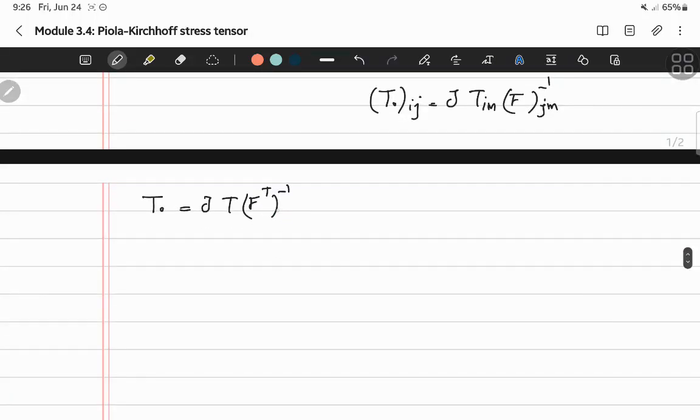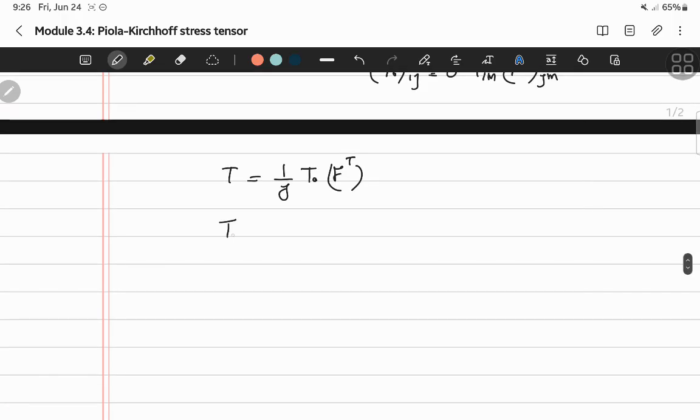So first I need to write this as F transpose. Then I also write this as F transpose. So this becomes I, and then 1 divided by J. So I can write T as 1 divided by J T0 F transpose. Or Tij is equal to 1 divided by J T0 im F transpose mj, and since this is transpose, I can write this as Jm.